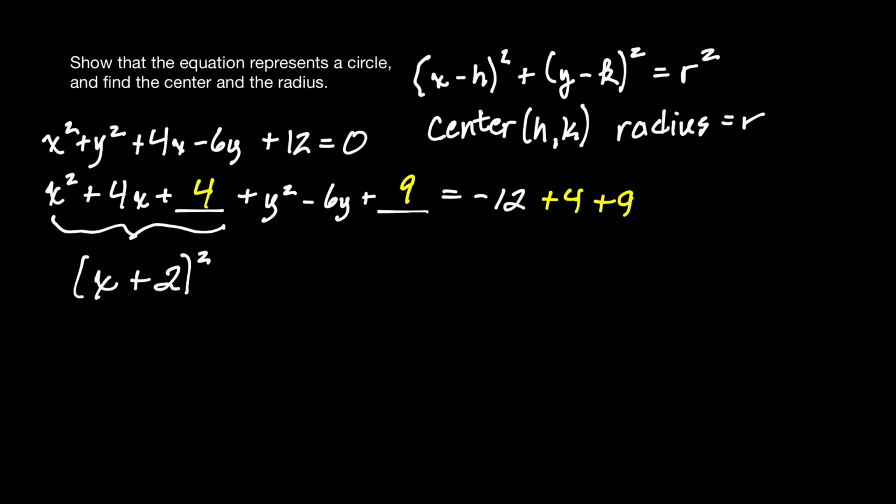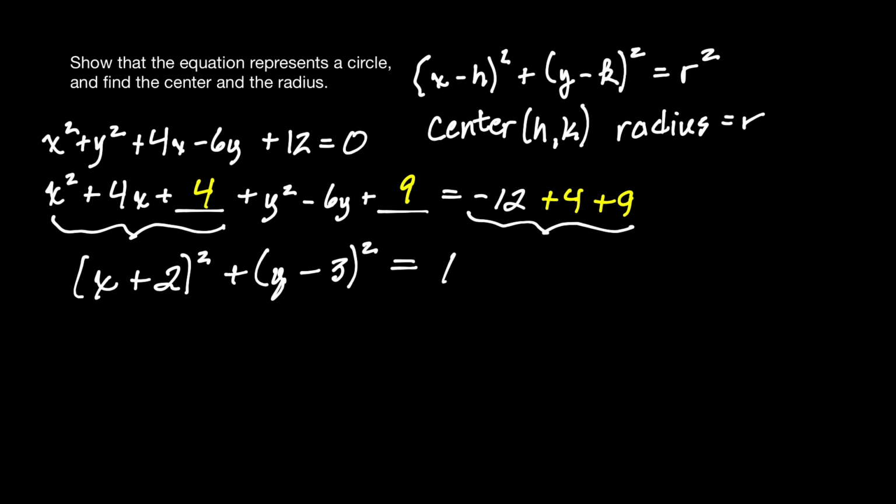Now let's go over to the other part. So I have y minus, this is going to be minus 3 because negative 3 was half of negative 6. And then we're going to square that, and that is going to be equal to all this business over here.